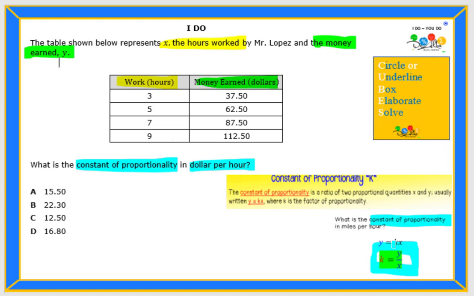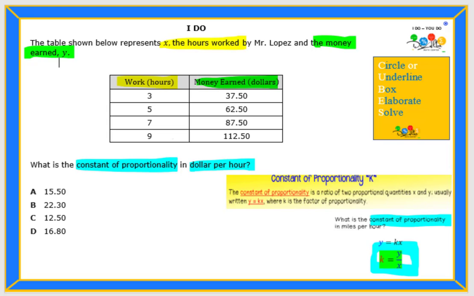When we are talking about constant of proportionality, it is a ratio of two proportional quantities, x and y, and they're usually written as y equals kx, a linear relationship where k is the factor of proportionality. In this case, we are looking for k.